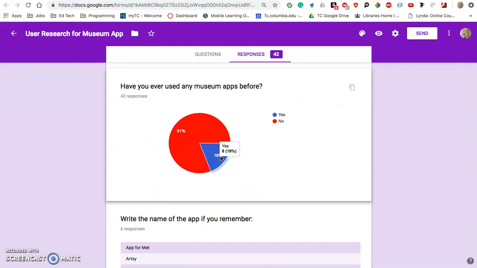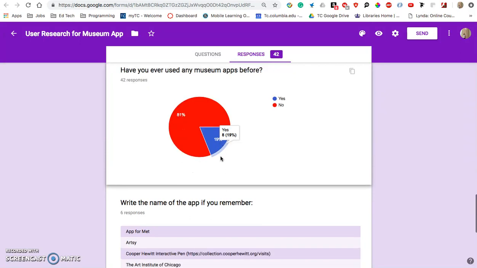In terms of museum apps, it seems like a lot of people haven't used museum apps before, which gives a lot of potential for this area, since people may not know that many museum apps. So it's more likely that if they are introduced to a very useful one, they will be loyal users.